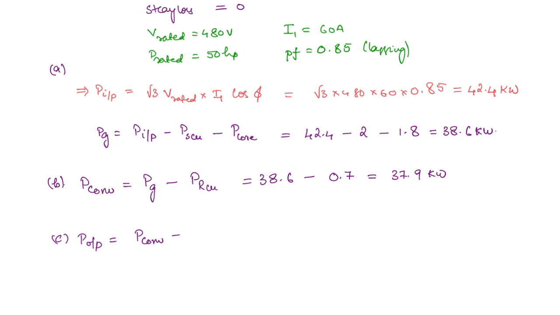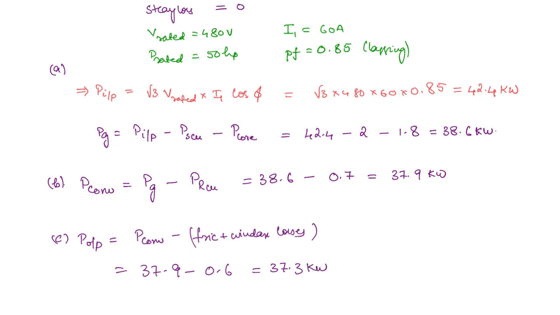They are collectively called rotational losses, right? Since there are no stray losses, you're only going to have friction plus windage losses. So this is given by 37.9 minus 0.6. So you're going to get 37.3 kilowatts.